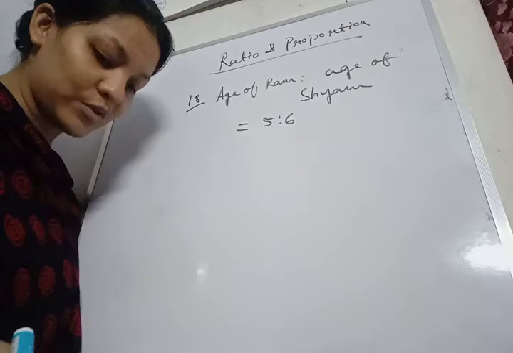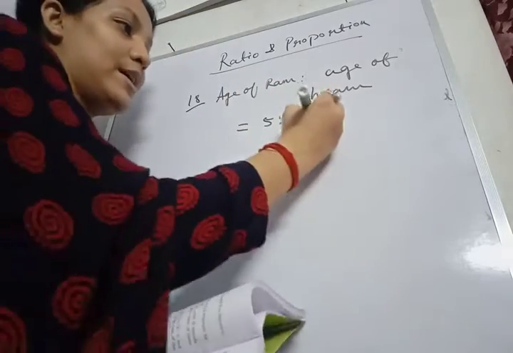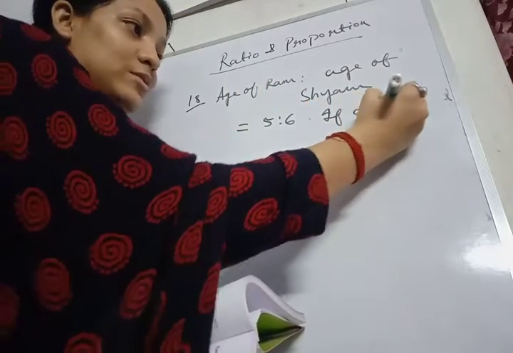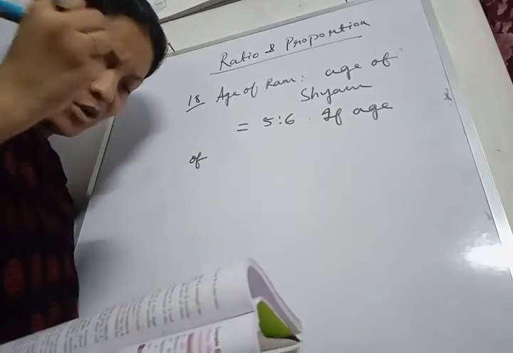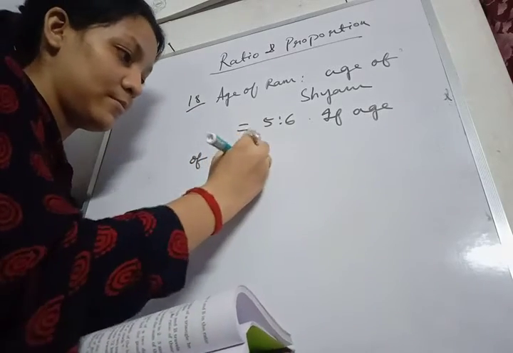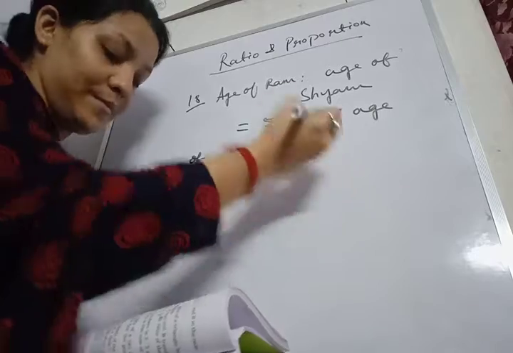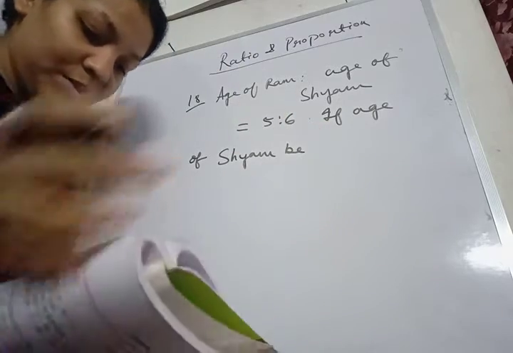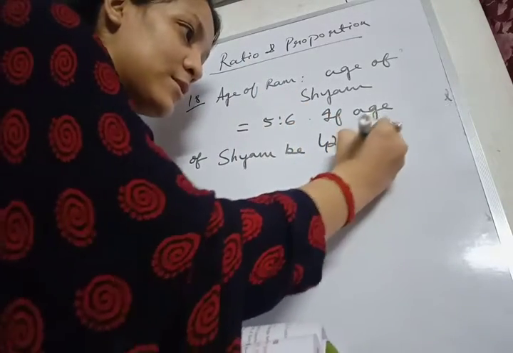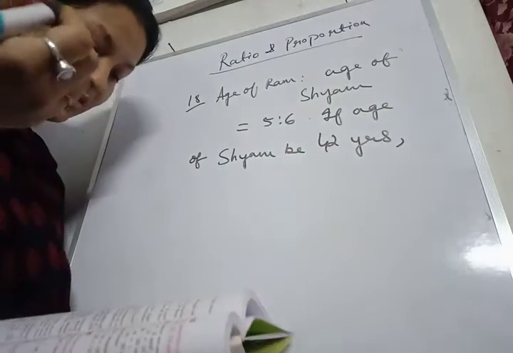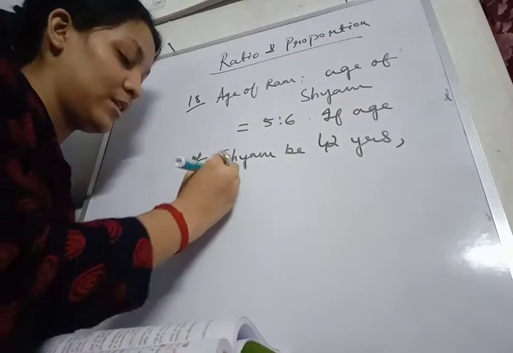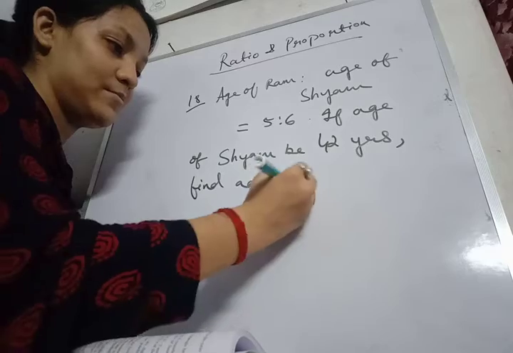That is, 5 belongs to Ram and 6 belongs to Shyam. If age of Shyam be 42 years, find the age of Ram.